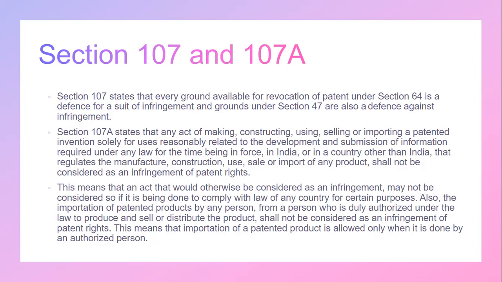For example, I am using a product because I have to submit some information which is required by, let's say, the Drug Controller Authority of India, DCGI. Or let's say if I have to give some information to the US FDA, and to give that information I have to use that product. In that case, this will not be infringement.